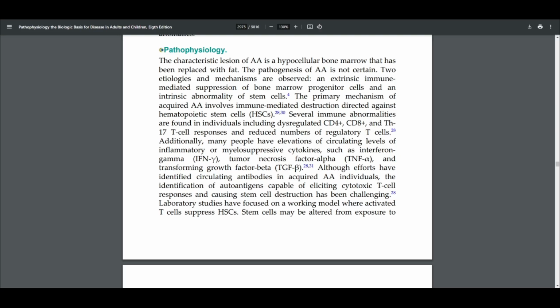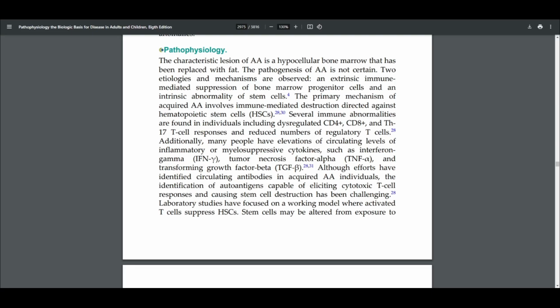Although efforts have identified circulating antibodies in acquired aplastic anemia individuals, the identification of autoantigens capable of eliciting cytotoxic T cell responses and causing stem cell destruction has been a challenge.